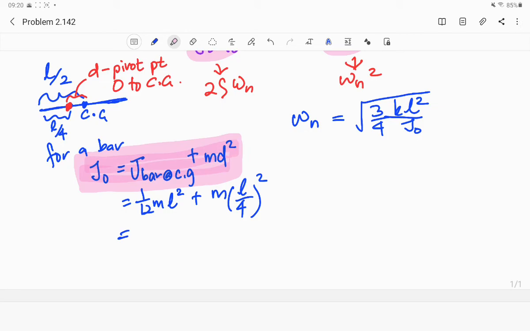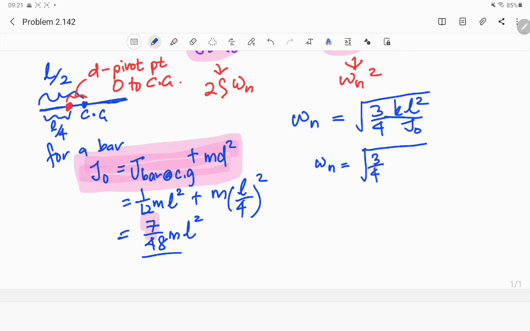In statics, maybe you have learned this. Then if you simplify, you should get 7 over 48 ml square.